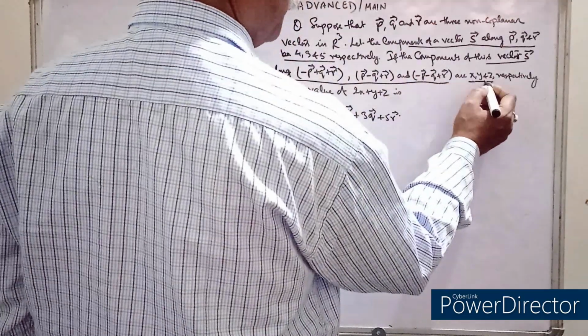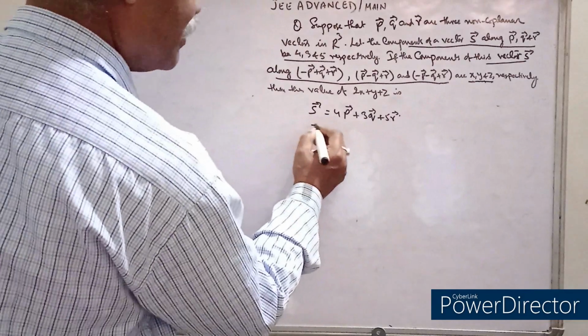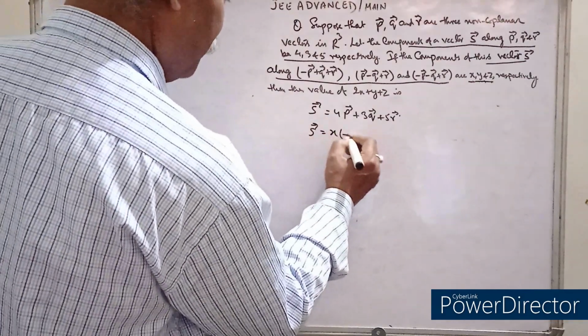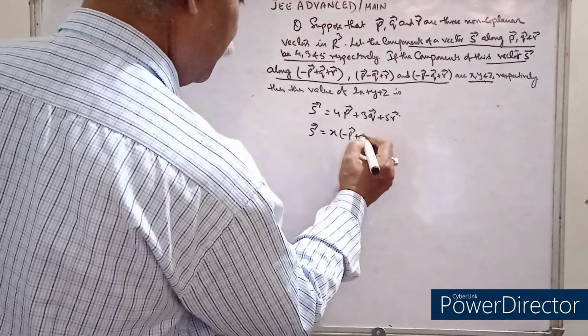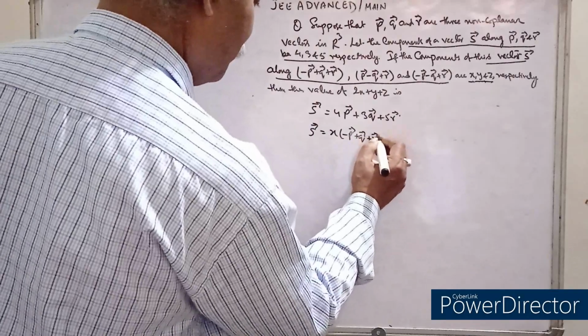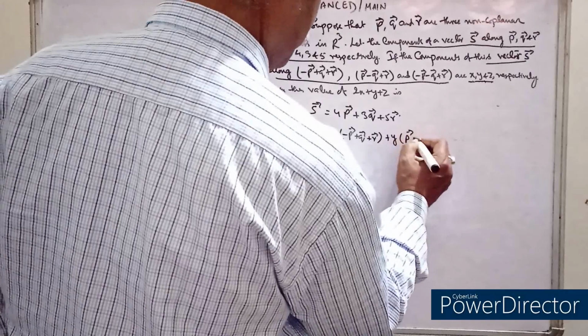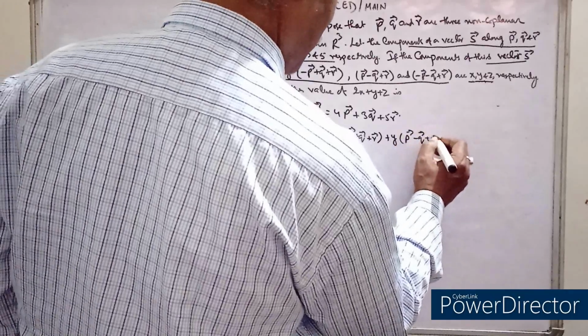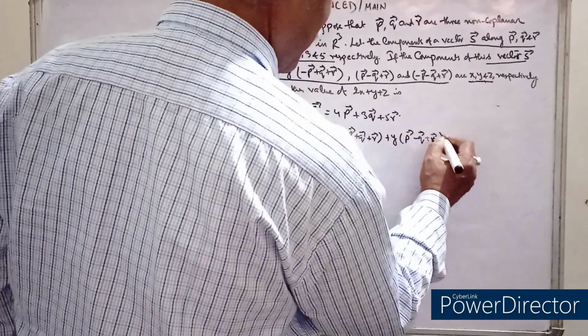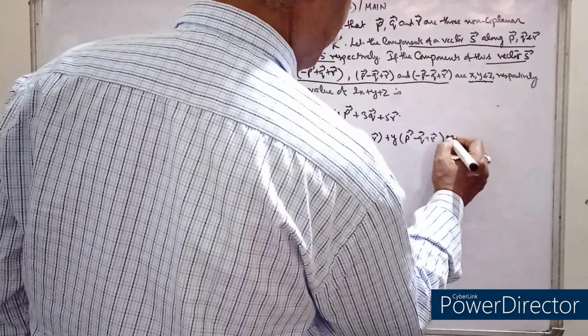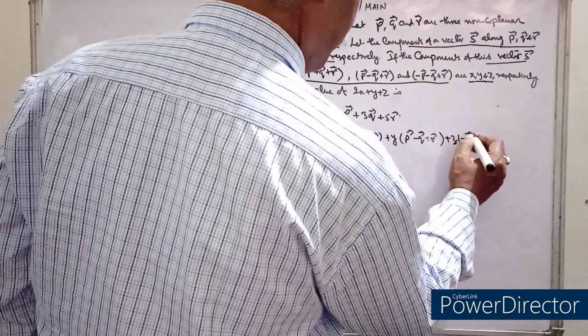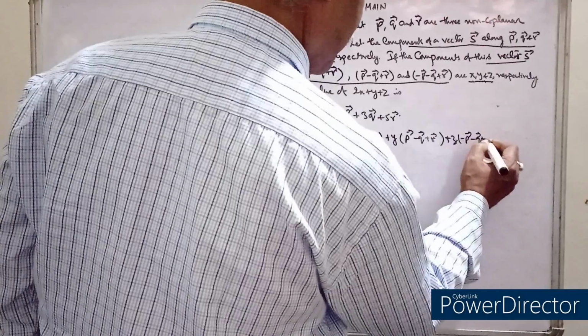So your S vector will be x times minus p plus q plus r, plus y times p minus q plus r vector, and then z times minus p minus q plus r vector.